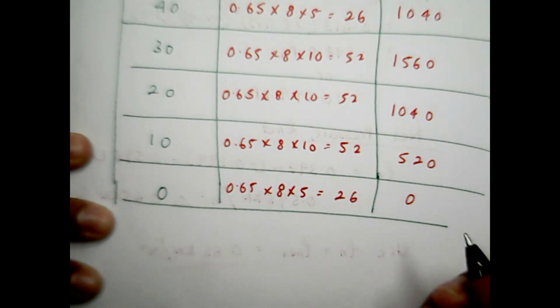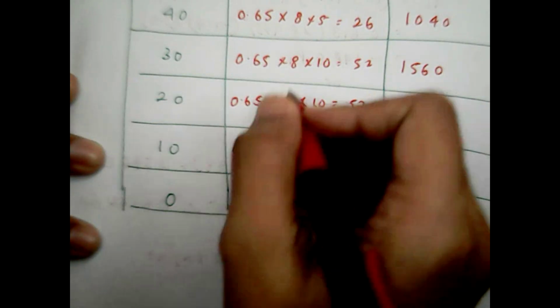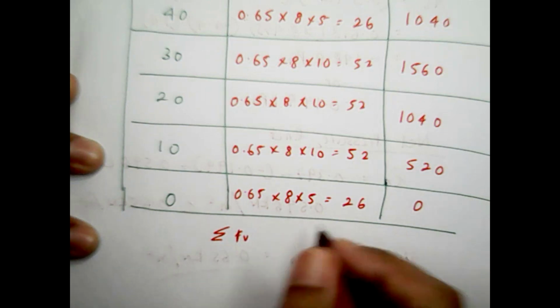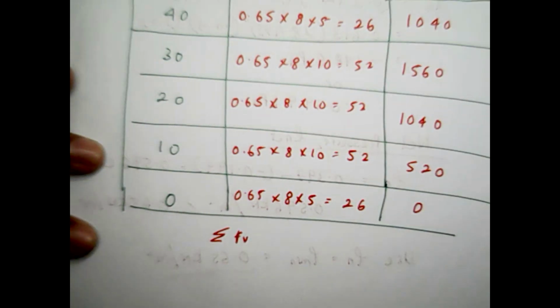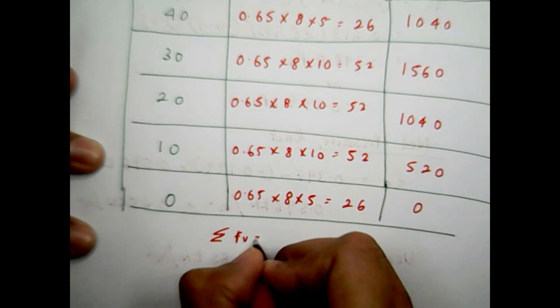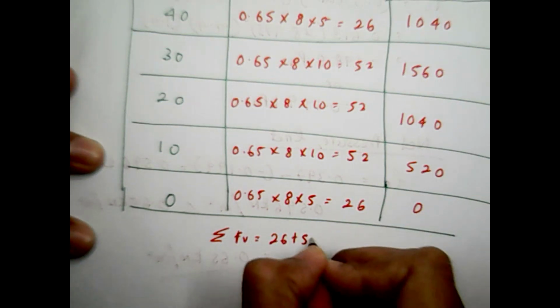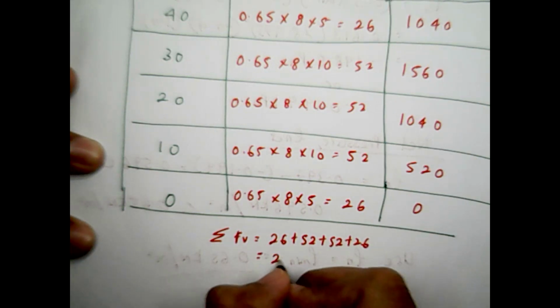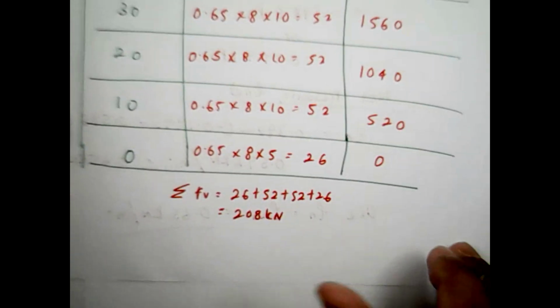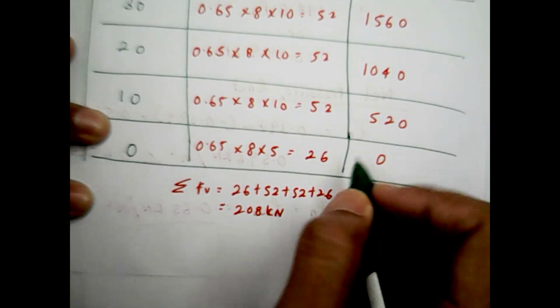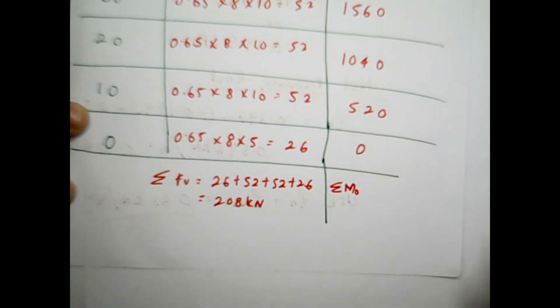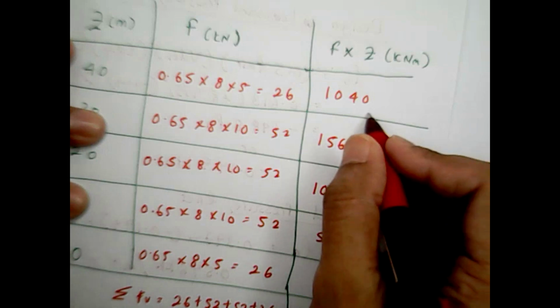Alright, so by having this, this is going to be our total shear. So total shear, which is total FV, is equivalent with 208 kilonewton, which means 26 plus 52 plus 52 plus 26. Meanwhile, overturning moment is equivalent to this plus this plus this plus this.